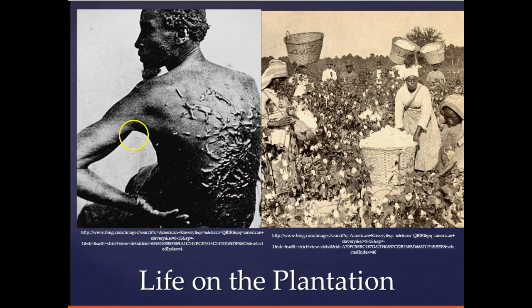And on the right hand side, you can see women picking cotton, which all throughout the 1800s was the number one thing that drove the economy of the South, the picking of cotton and the selling of cotton to be used to make textiles and cloth items like clothing.